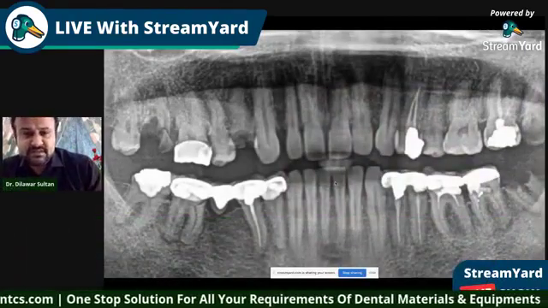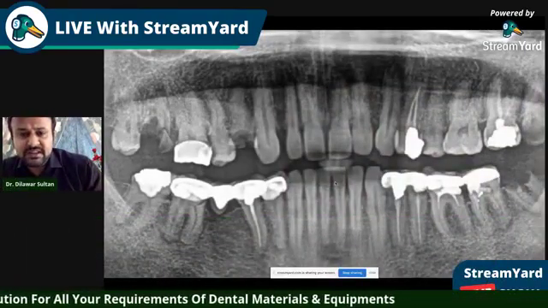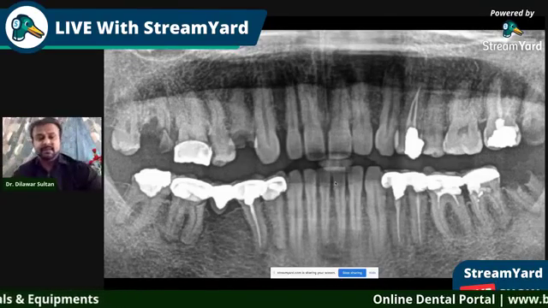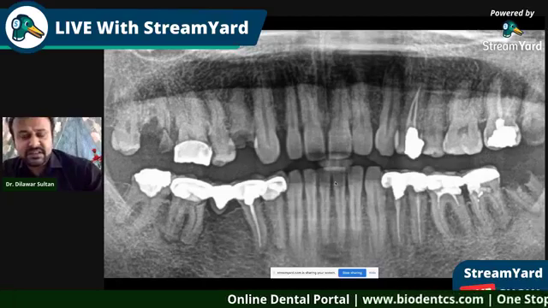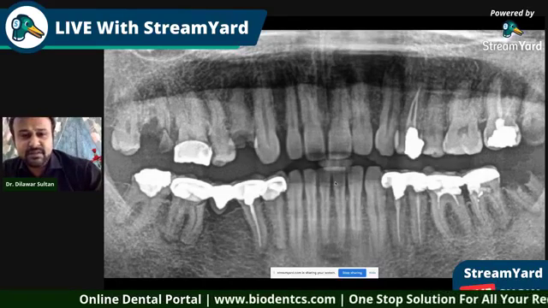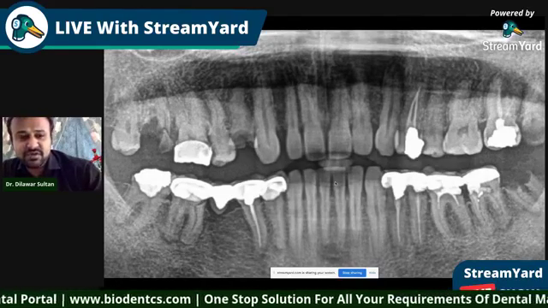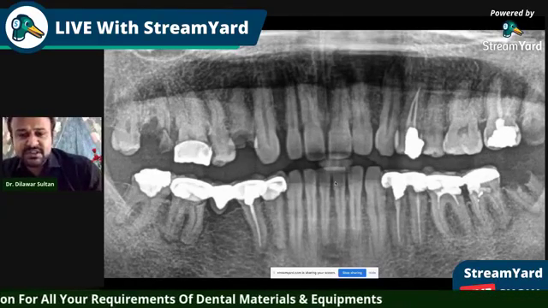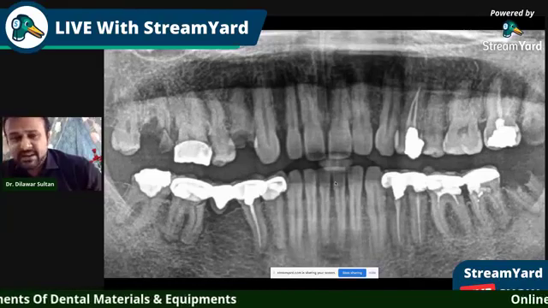What about OPG? Do you guys opt for an OPG for every patient? I've seen a lot of practitioners who have gambled their patients for an OPG before the endodontic work. What is the difference between the OPG, orthopantomograph, and a periapical radiograph?